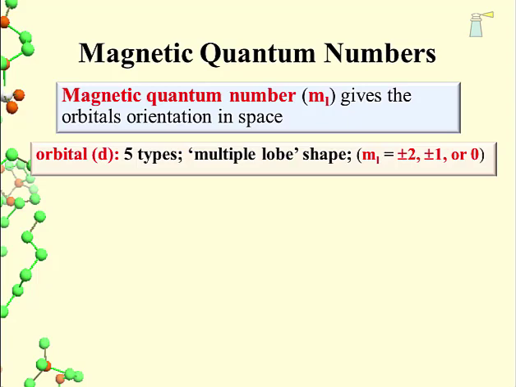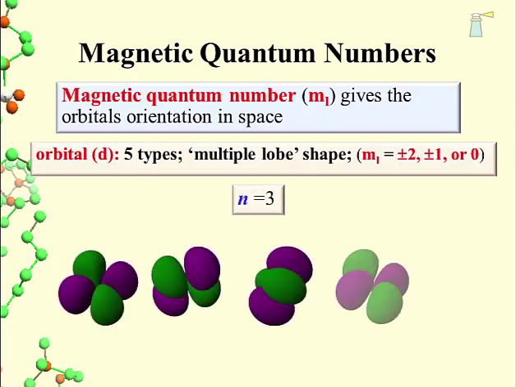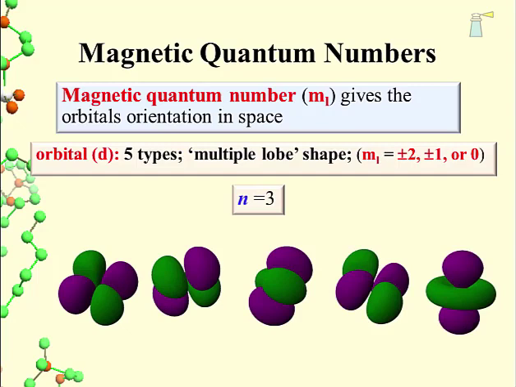D orbitals first appear in the n equals 3 energy level, and each of those 5 magnetic quantum numbers assign a different orbital orientation in space. They also assign a different shape. Here's a look at the 3d orbitals. The important facts to remember about the d orbitals is that they first appear in the n equals 3 energy level, and that there are 5 of them.